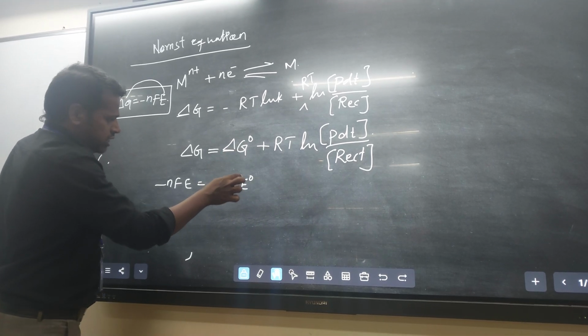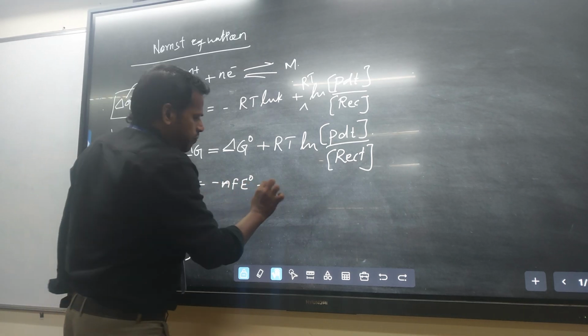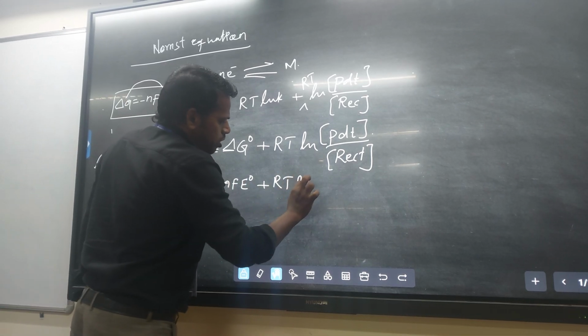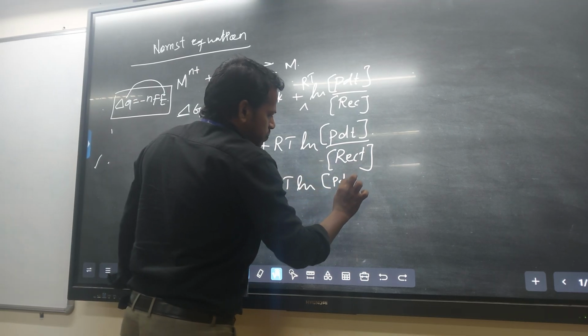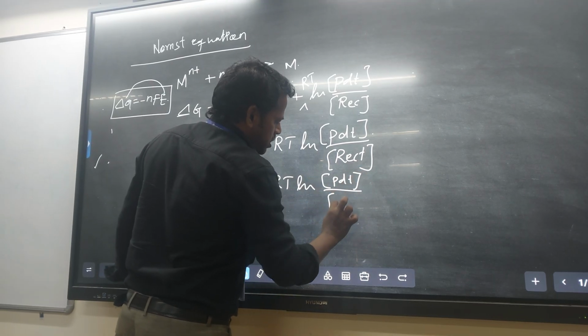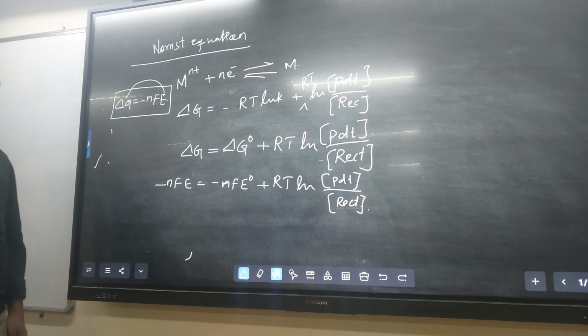Therefore, you take the standard reduction potential E naught, plus RT ln the same product by reactant, otherwise reduction by oxidation, anything you can take, right? So here NFE is common on both sides, therefore you divide both sides by minus NFE.